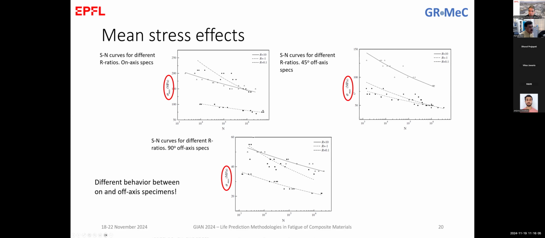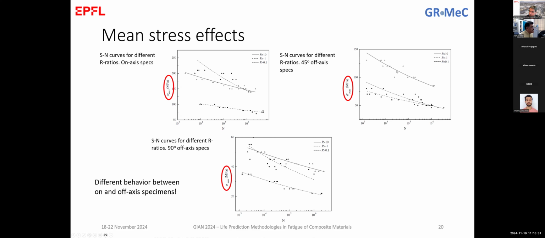And you see here we plotted against sigma max and not against sigma alpha that we had before. And we can compare now the maximum, so the intercept and the slope of the curves. And you see, as we discussed before, that R 0.1 is showing the highest slope than the others in the 0 degrees.